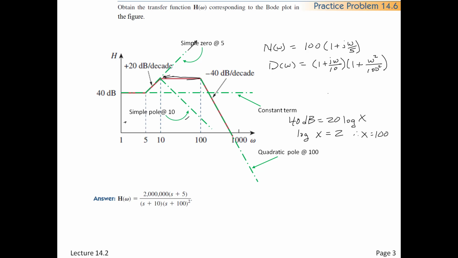Now this I have to say is very interesting. I did this a number of times. I have no idea where they got this. This is definitely not right. So if I list this in terms of s, here's our 100. Whoops, here's our s plus 5, where s is j omega, right?